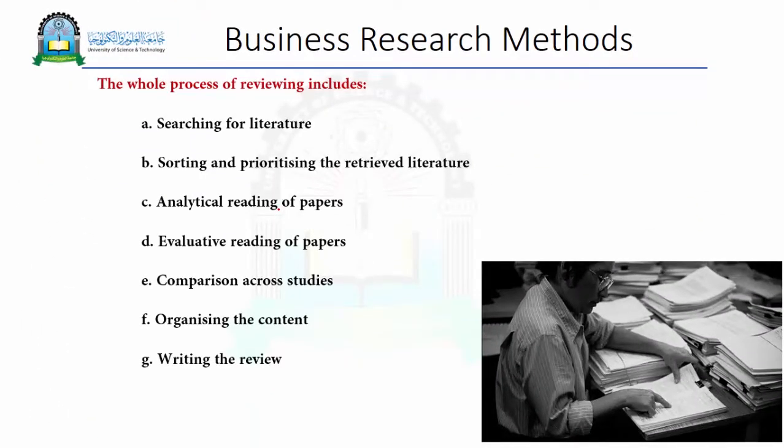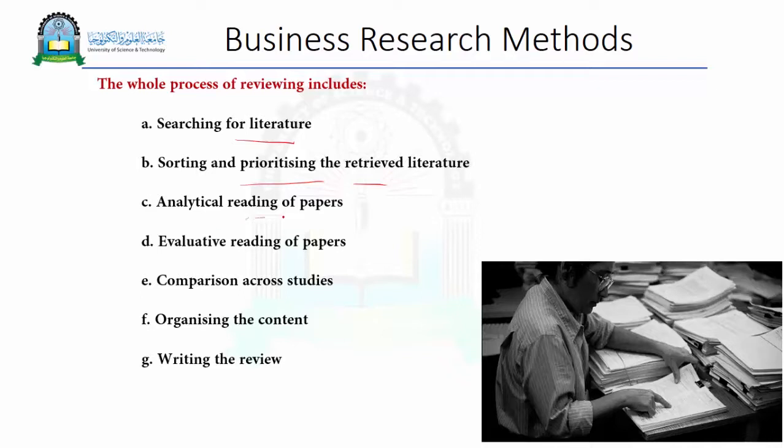Then the process of reviewing, as explained, includes researching the literature first, and then sorting and prioritizing the retrieved literature. So I read the beginning abstracts and recommendations, and then sort all the literature reviewed, and then prioritize which of these research papers are related to my work and which is not, which is fully related to the work and which with only small relationship.